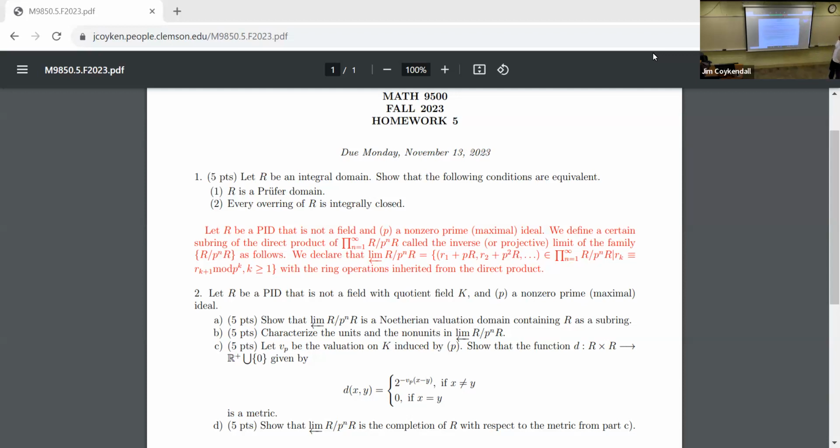Characterize the units and the non-units in this inverse limit of R mod P^n. I think that will help once you know it's a Noetherian valuation domain.